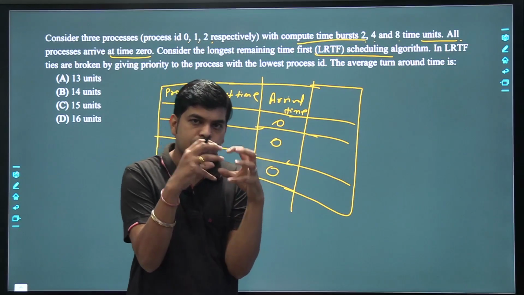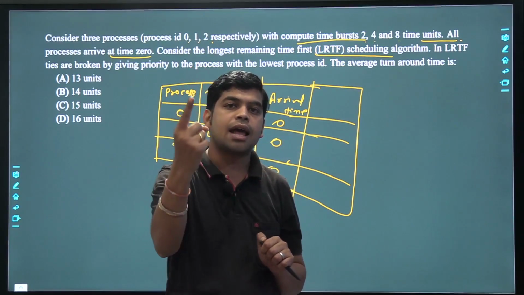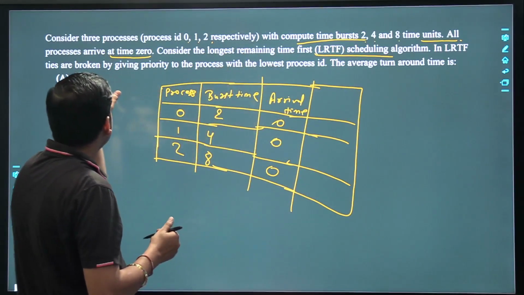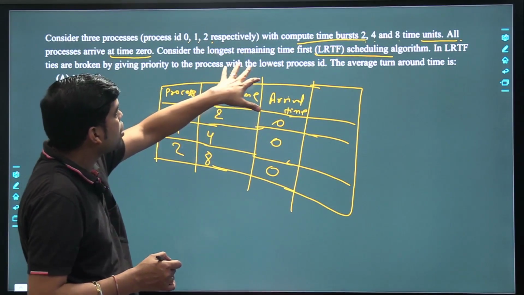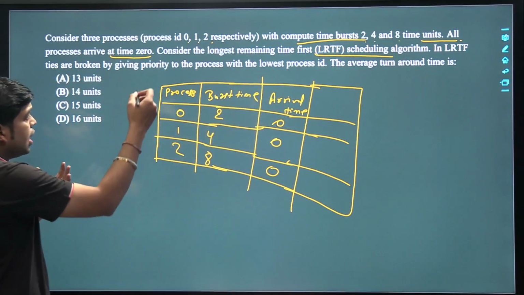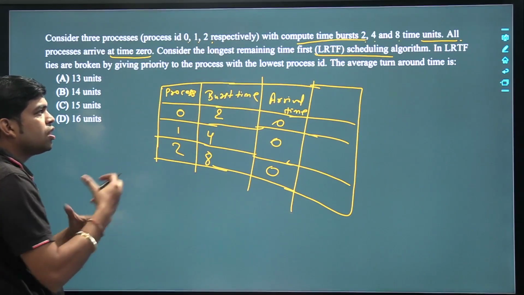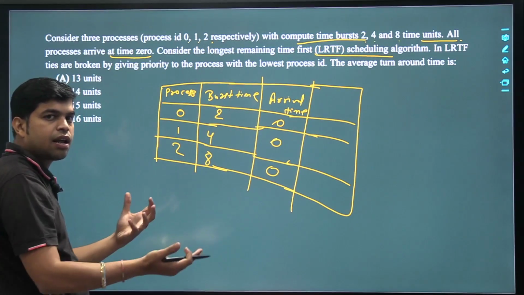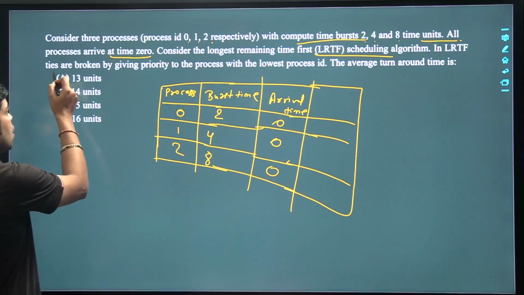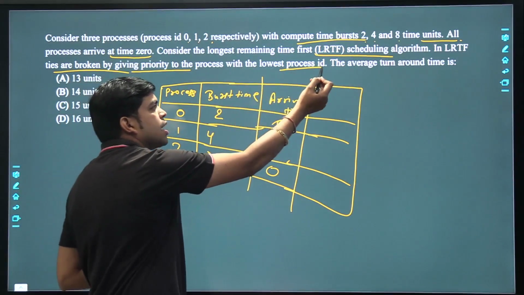Among the processes present in the ready queue, we execute first the one with the maximum time. This algorithm is preemptive in nature, so we preempt the process when a new process with a greater burst arrives. Now in LRTF, a tie is broken by giving priority to the process with the lowest process ID.